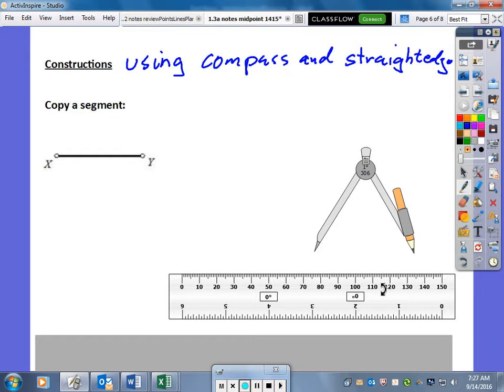So when we want to copy a segment, we start off by drawing a point. Realize when you look at the segment has two endpoints, and so in order to copy this segment, we're going to draw 1 point.